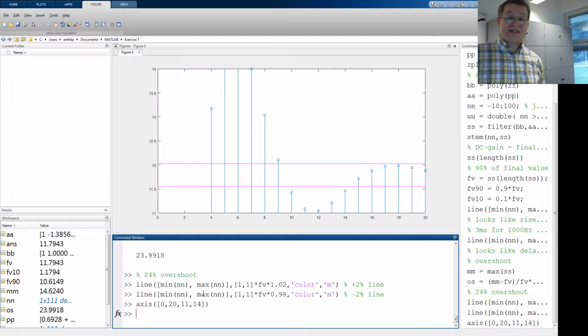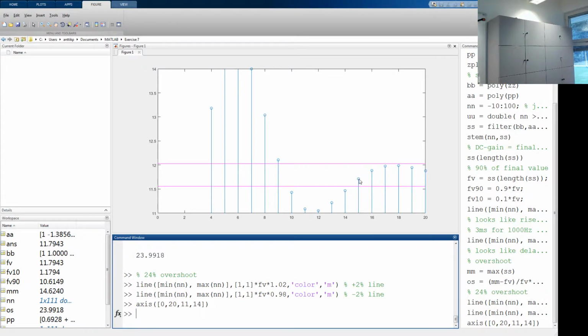Okay, so the question is at which time this oscillating signal goes to the last point which is outside of the region. So that's a point outside of the plus minus 2% region, which is this one here. So that's the last point. So one after that, that's the settling time.